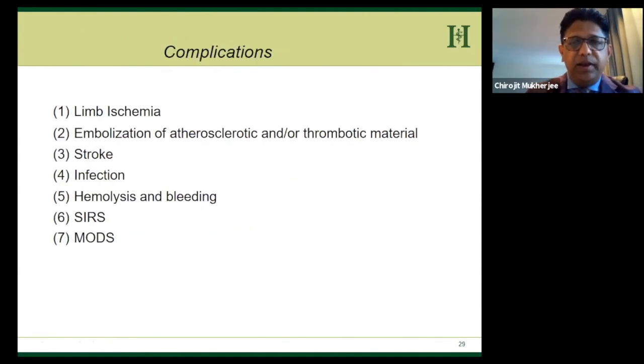As I said, the complications are more or less limb ischemia, embolization of thrombotic material, stroke, infection, hemolysis, bleeding, and you may end up in SIRS or multi-organ dysfunction syndrome, where you have to see that the organs are not getting hypoperfused and leading to failure.